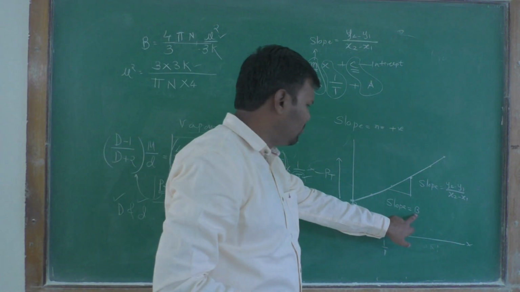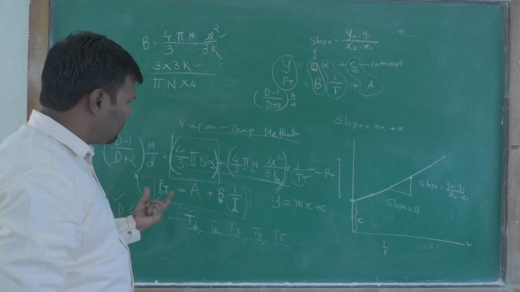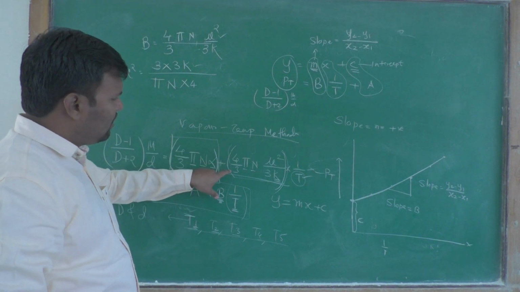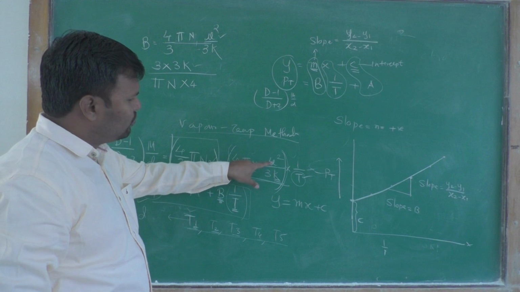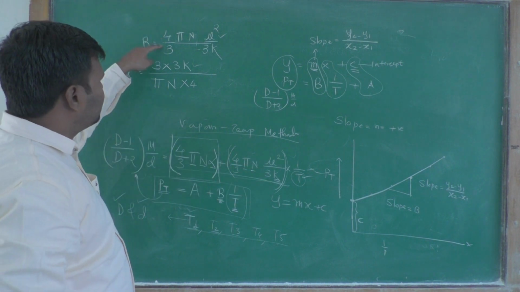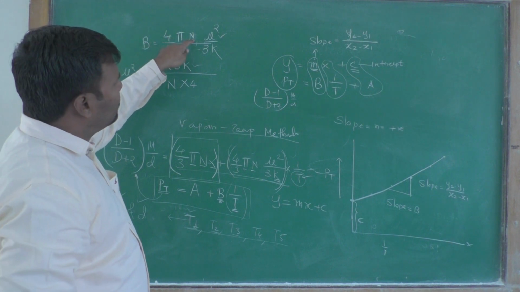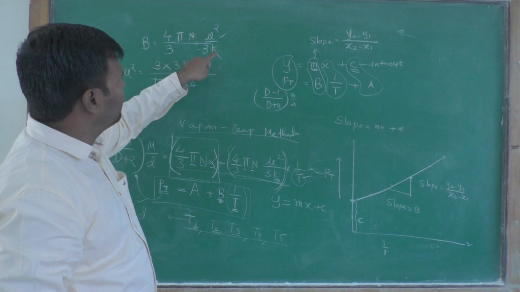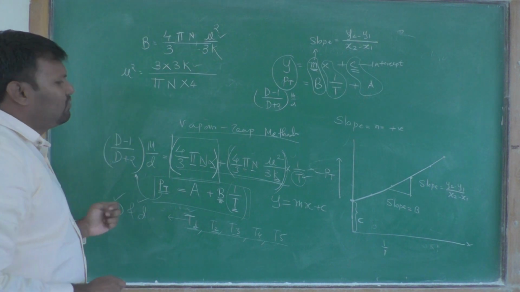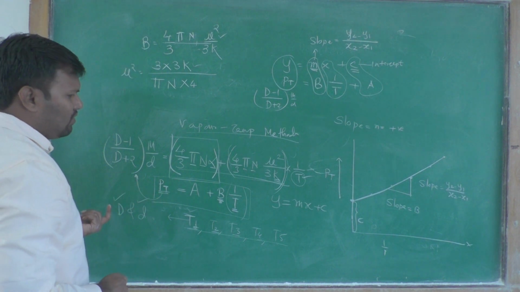That is, b is equal to the slope, and the slope is nothing but the formula 4 by 3 pi n mu square upon 3k. All this quantity, we take 4 by 3 pi n mu square upon 3k. Like that we find out the values of b.